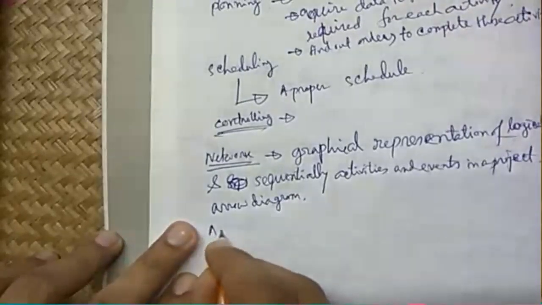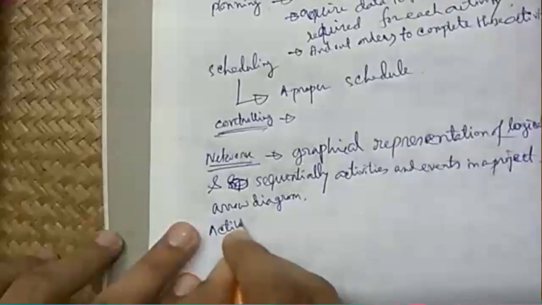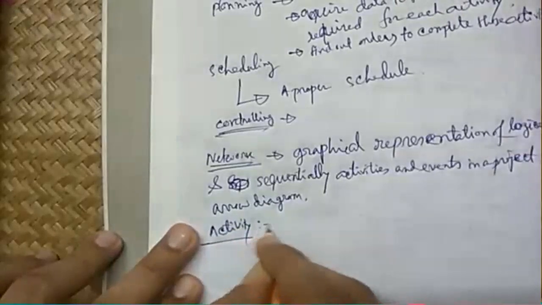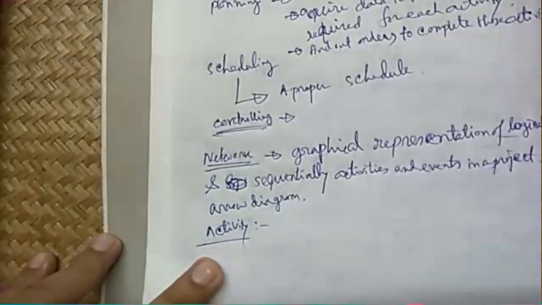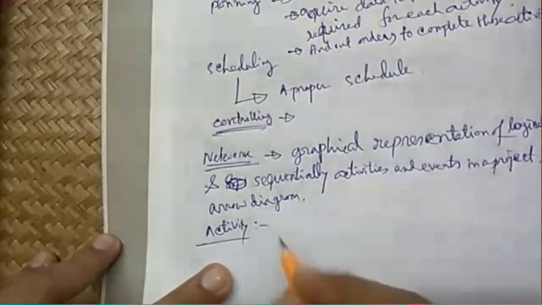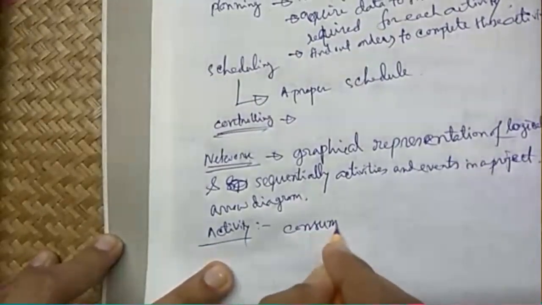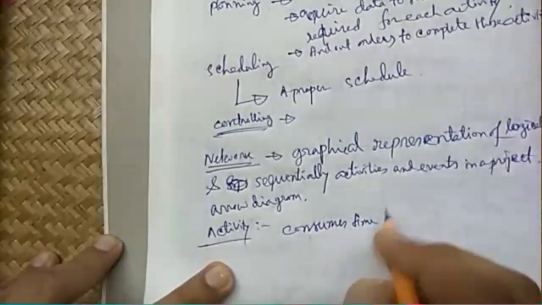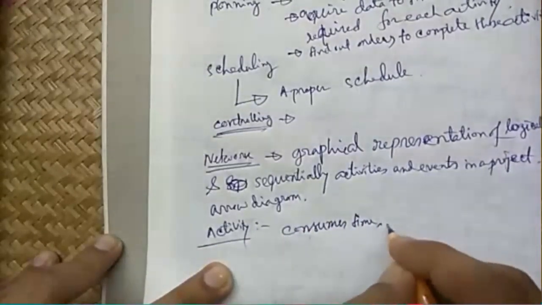Now, the network is made of activities. Activity represents some action, some work, and it consumes time and money and effort.